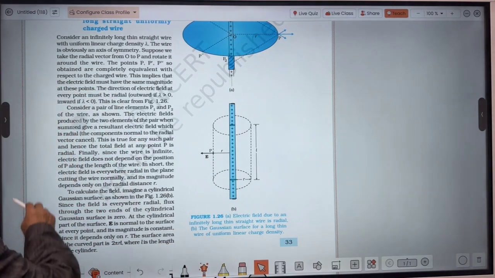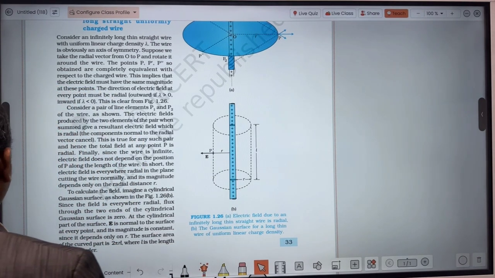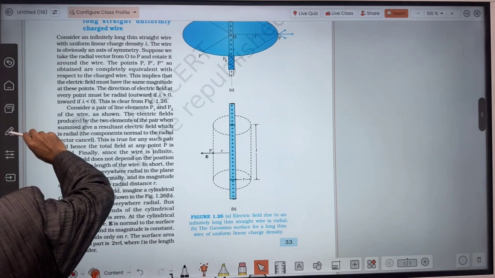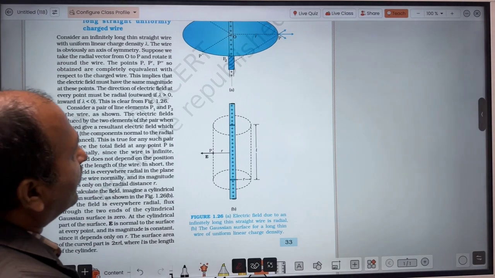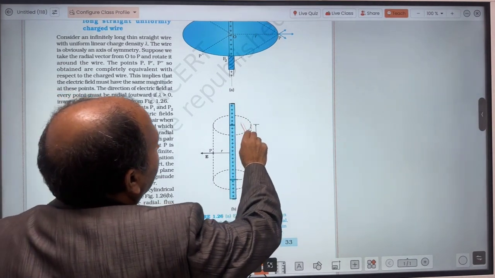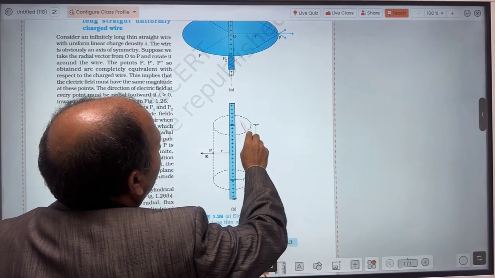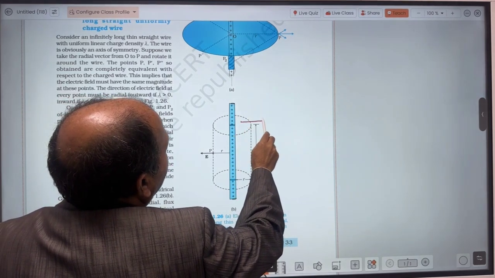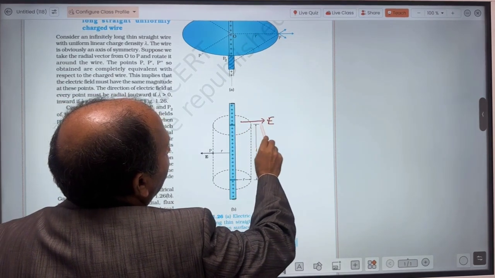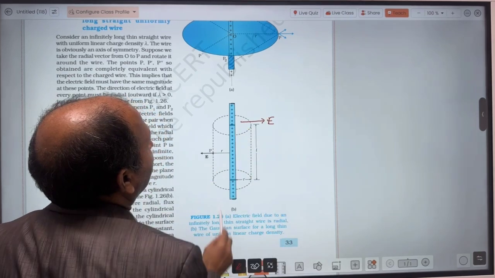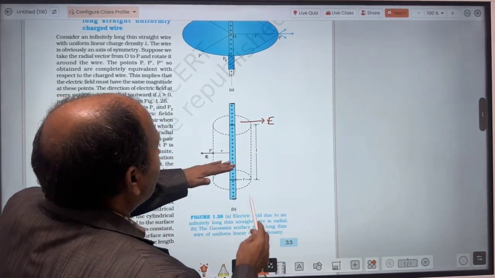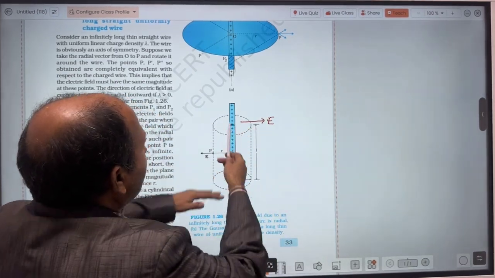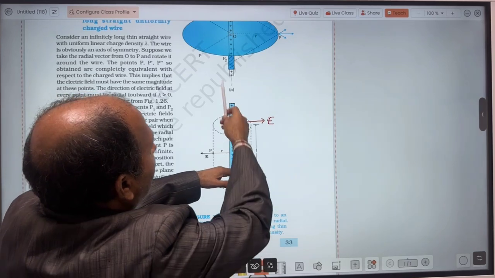So here we can easily calculate. Let's see what is happening at this point. The electric field is in this direction and the area vector will be, since we are taking a circular disc, like this.